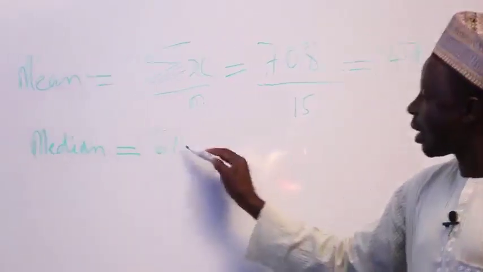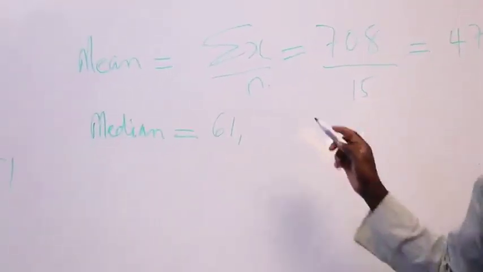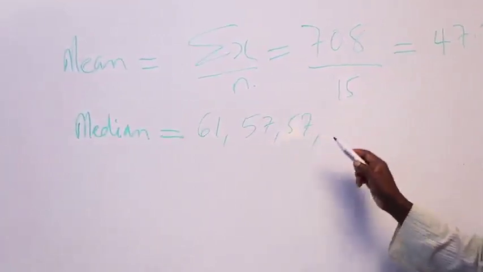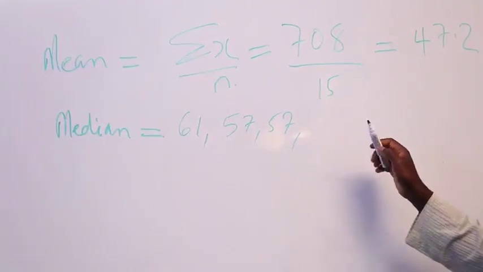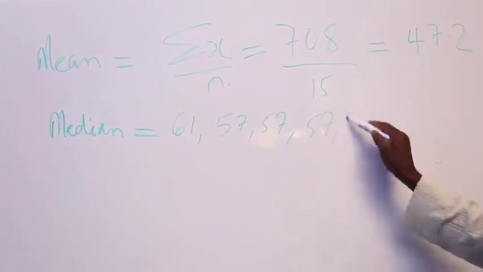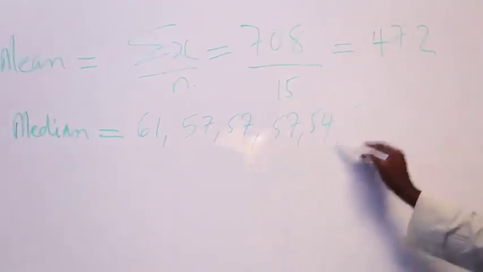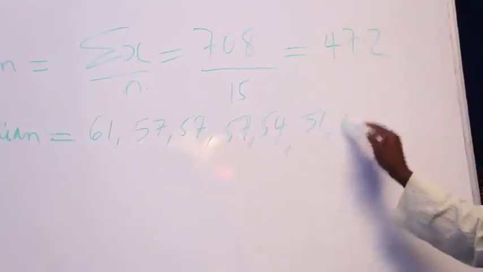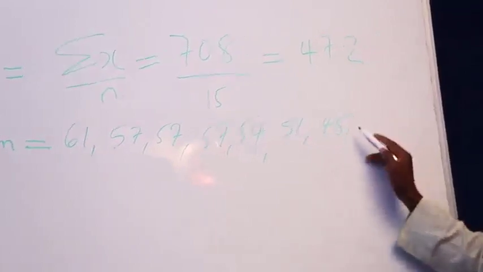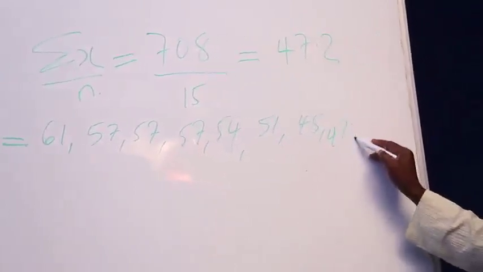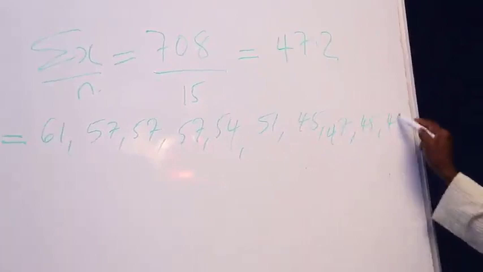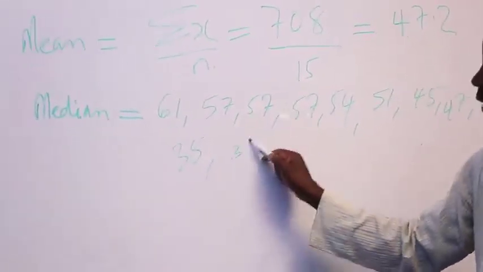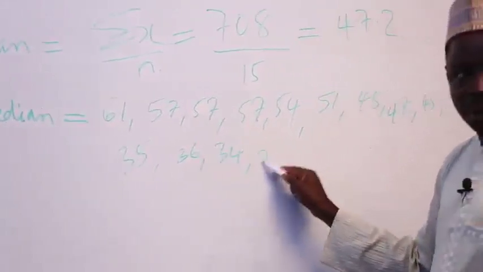So if we take it in ascending order, you get 57, 57, 57, 54, 51, 48, 47, 45, 44, 38, 36, 34, and 21.